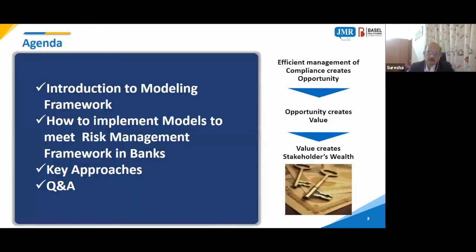Just to set the context, this is what we thought we should cover today as part of this important webinar. So to introduce all of you to the modeling framework, and also to touch upon how to implement models to meet both your risk management as well as IFRS 9 areas. What are the key approaches, followed by question and answer.